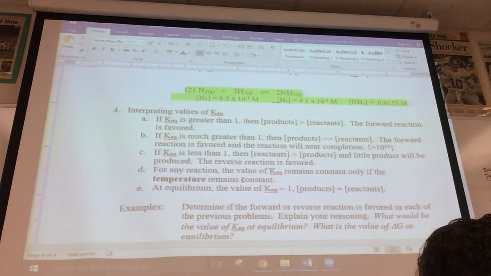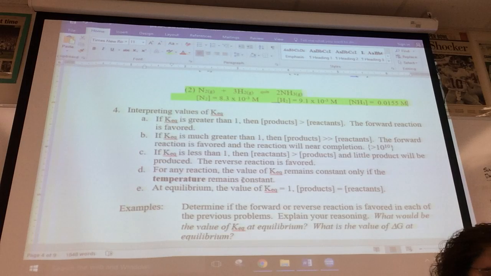And remember, you start by writing the KEQ expression. And again, make sure you're comfortable with your calculator.